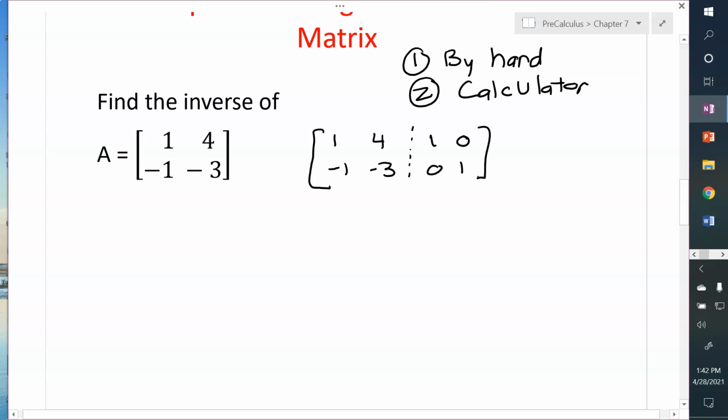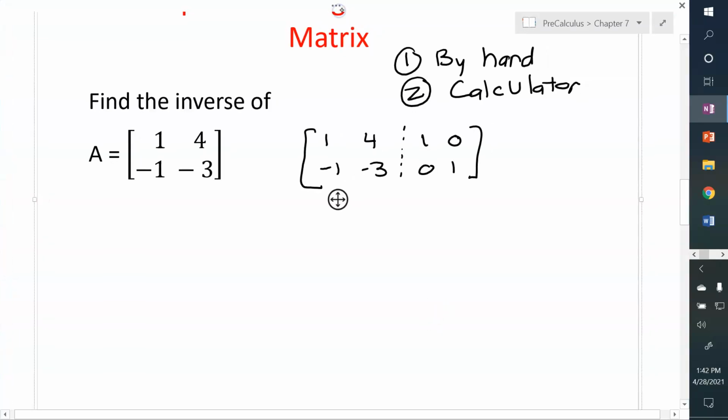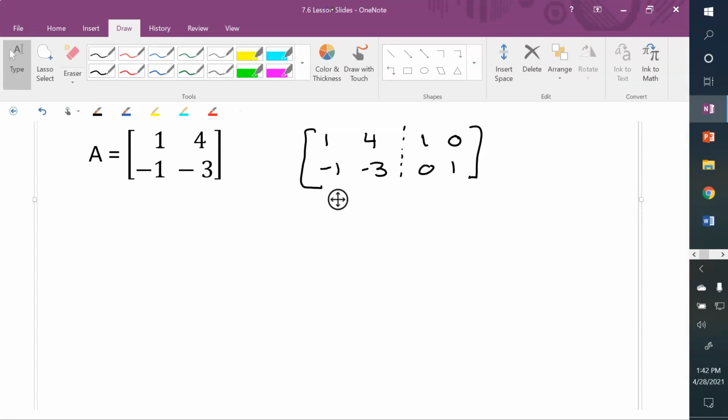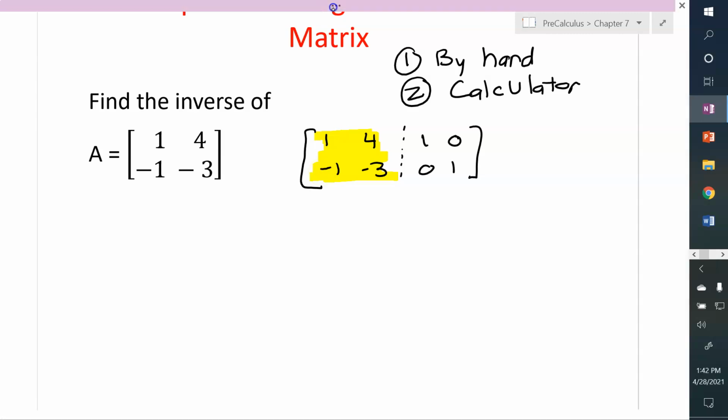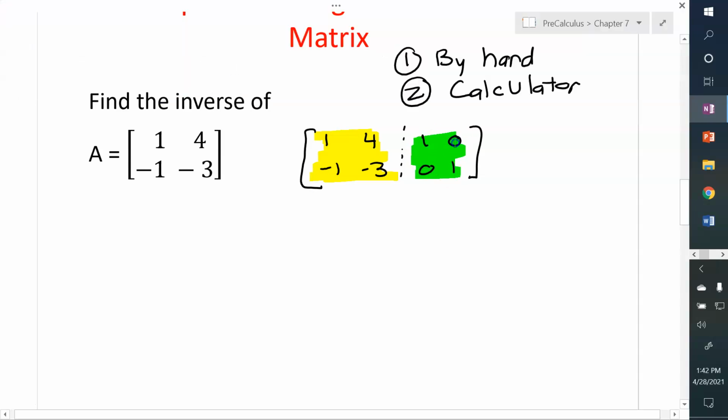And what I want to do is use elementary row operations to convert matrix A, which is this one on the left side, to look like the identity matrix. And then when I'm done, whatever is over here in this green side, that's going to be my inverse.